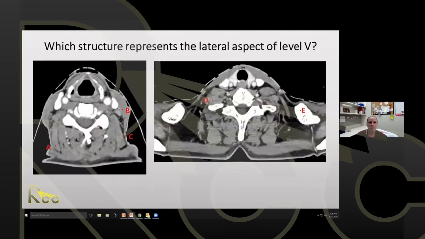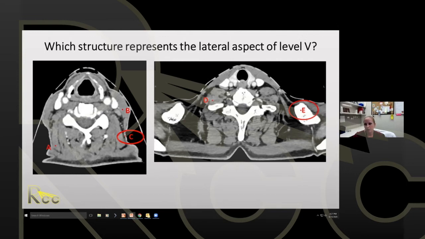How about this next one? Which structure represents the lateral border of level 5? Good job. So C, on that slice, we would be contouring it to the skin. And then here where we're at a level of the CT on this patient where we've lost visibility of the trapezius, oftentimes as I would be contouring this slice, I would be using the lateral border of the clavicle here too.